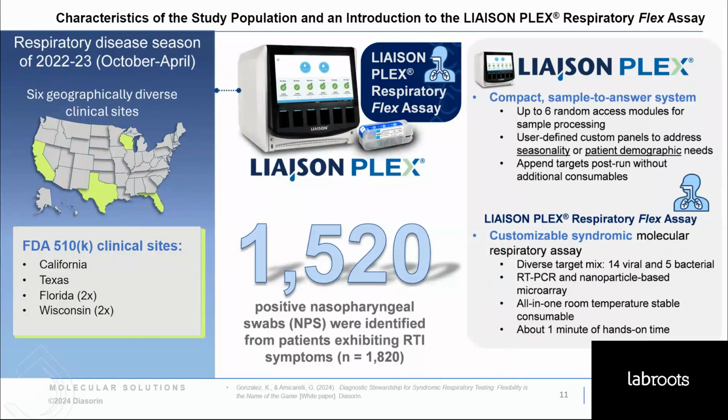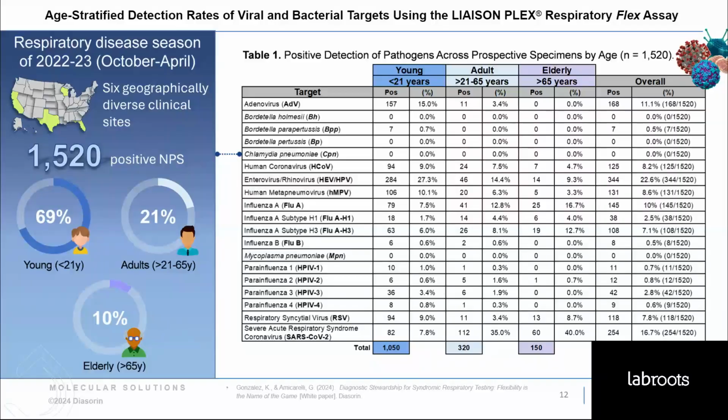So overall, in the study, we identified 1,520 positive nasopharyngeal swab specimens from patients exhibiting respiratory symptoms. As part of the retrospective analysis, the results were stratified by age in this table. The positive samples were divided into 3 groups based on age.